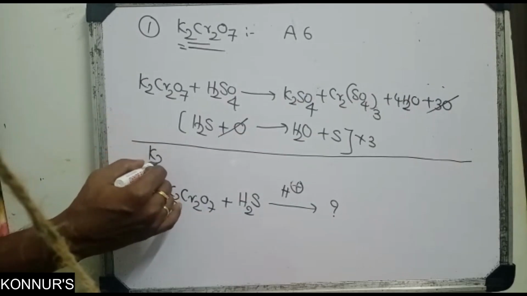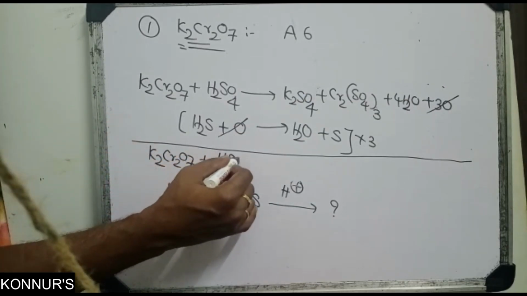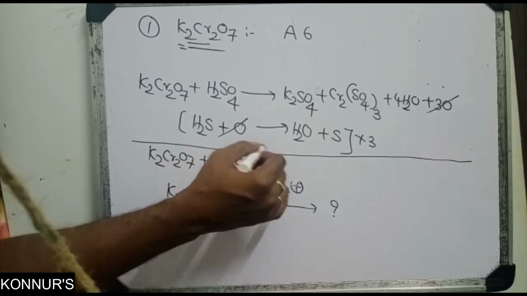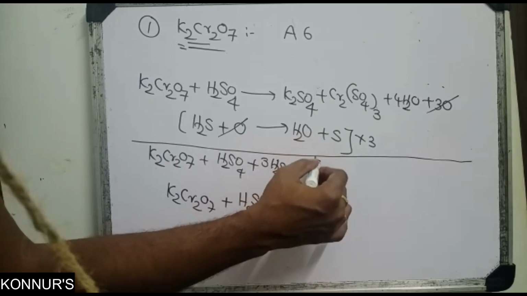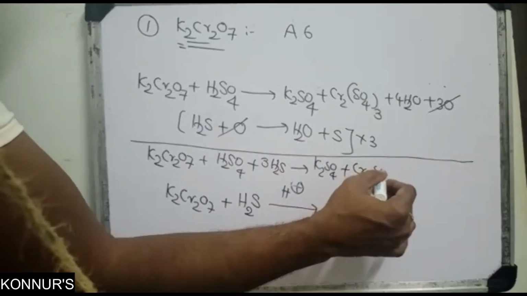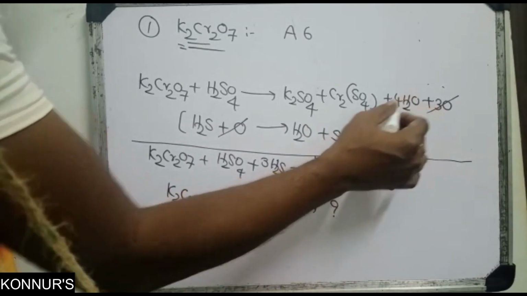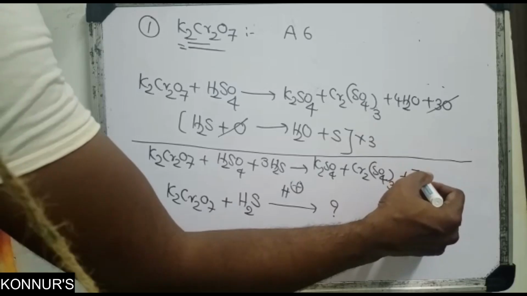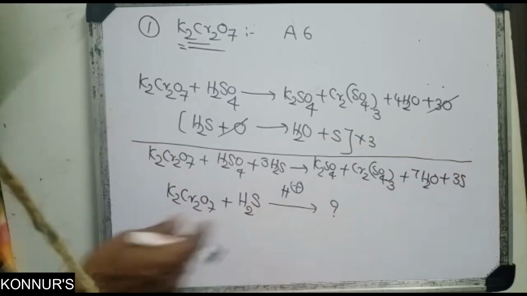So what is the formula? K2Cr2O7 plus H2SO4 plus 3H2S gives K2SO4 plus Cr2(SO4)3 plus 4 plus 3, 7H2O plus 3S. So that is over.